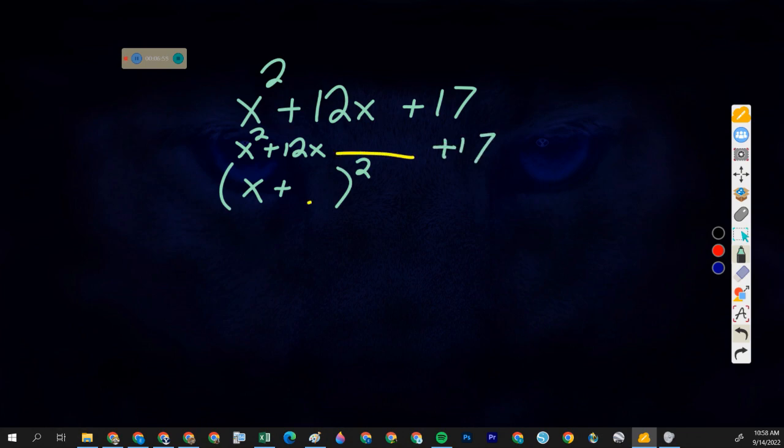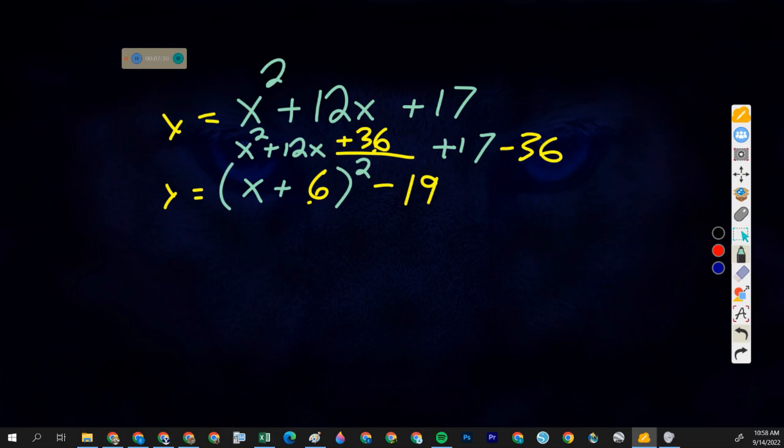What's going to go in the factor? 6. So if there's a 6 on the inside, what do I put here? 36. And if I add 36 to one side of the equation, then I'm going to subtract 36 over there. So that graph is left 6 and down 19.